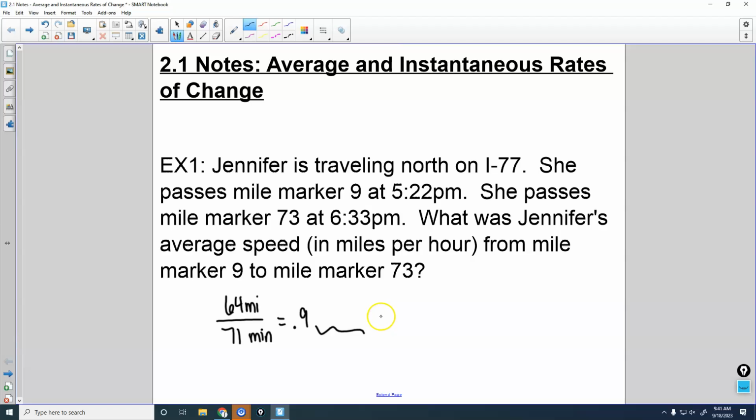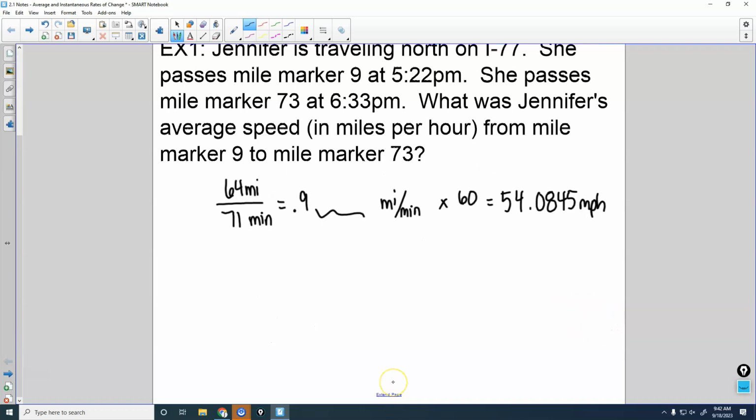But your answer is in miles per minute. So what do you have to do to change it to miles per hour? Multiply by 60 and you will get 54.0845 miles per hour.